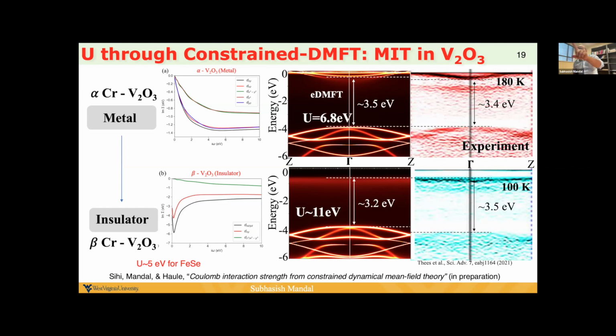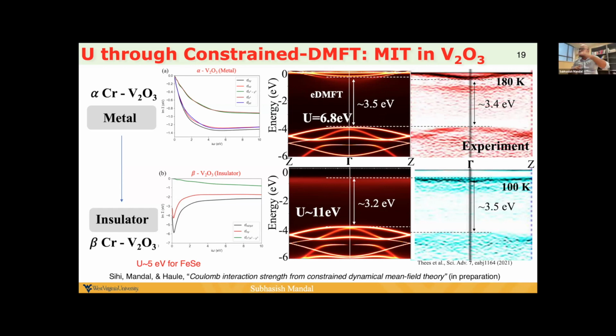And this U, surprisingly, what we did for all binary transition metal oxides like nickel oxide and iron oxide, we also found U equal to 10. And it was quite well matched with the ARPES and the photoemission.